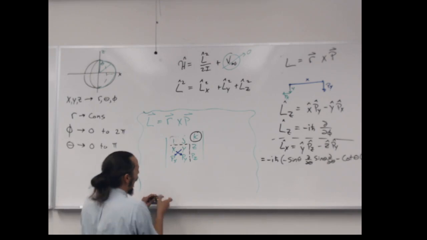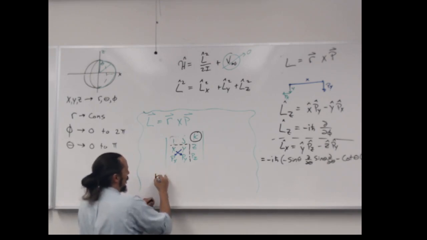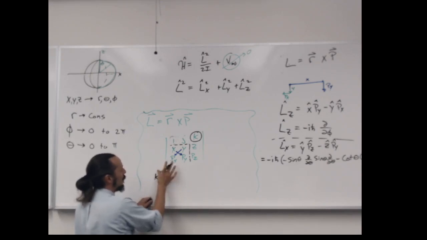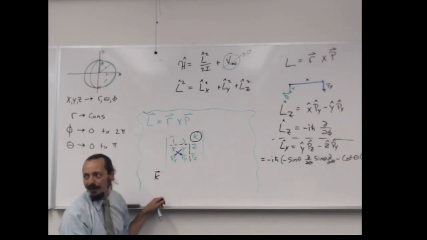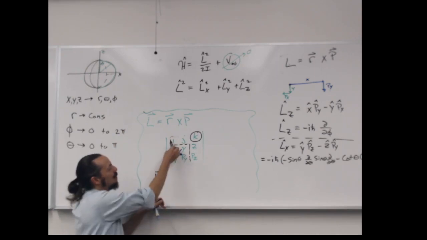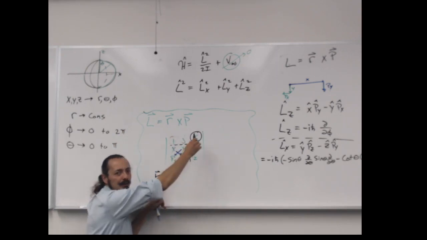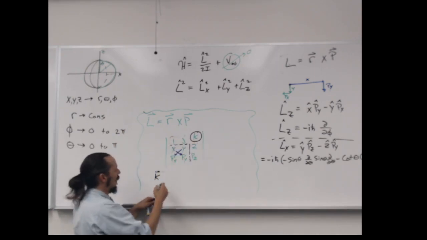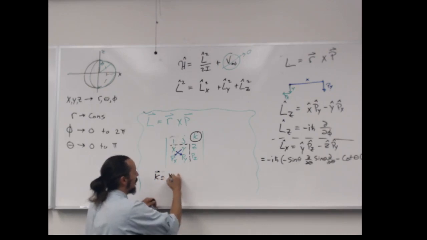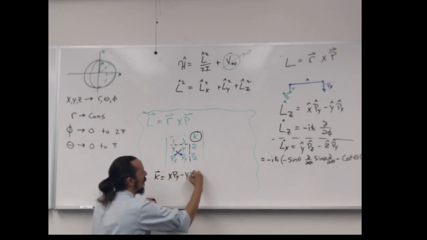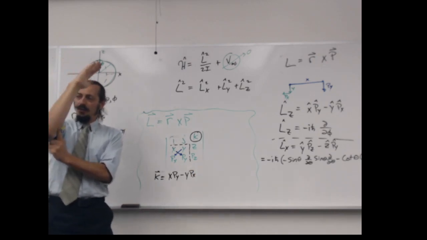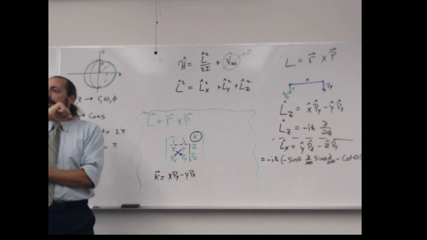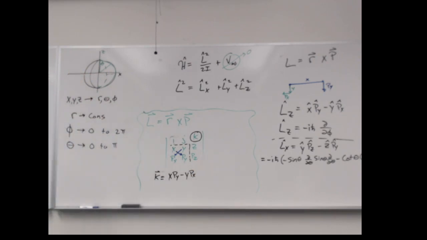So if I wanted to look at my k direction, which we usually use for z, that is going to be x py minus y px. It's that cross product of how I take position and start rotating it around as a cross product of two vectors. Now it makes sense? Cool, okay.